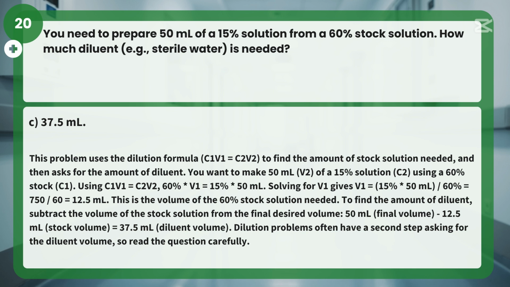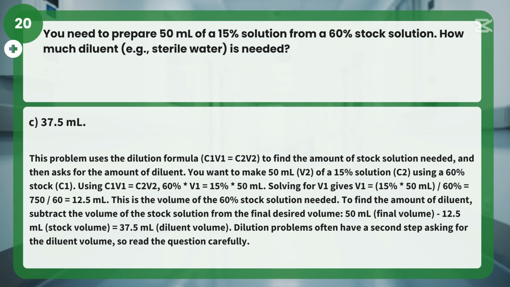Using C1V1 equals C2V2, 60% * V1 equals 15% * 50 milliliters. Solving for V1 gives V1 equals 15% * 50 milliliters / 60% equals 750/60 is equal to 12.5 ml. This is the volume of the 60% stock solution needed.